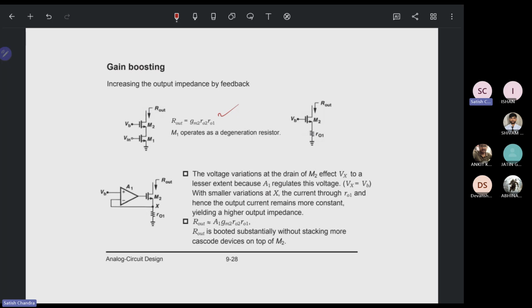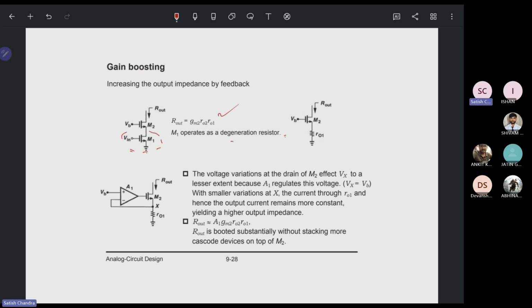Our output will come like that, where M1 operates as a degeneration resistor. This is behaving like a degeneration. Degeneration basically always reduces the gain, meaning there is a negative feedback when we talk about the degeneration resistor.